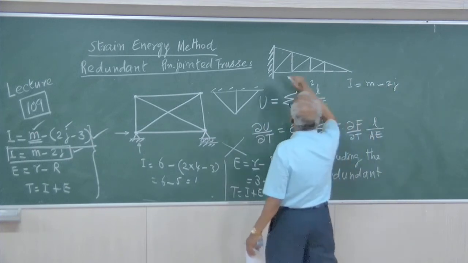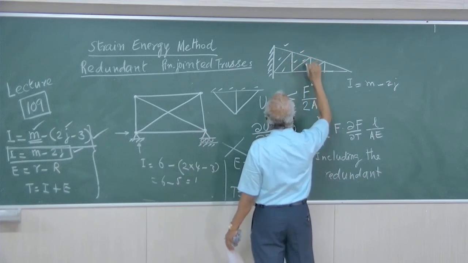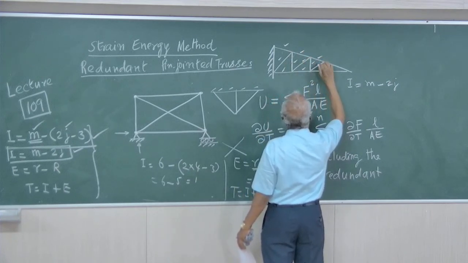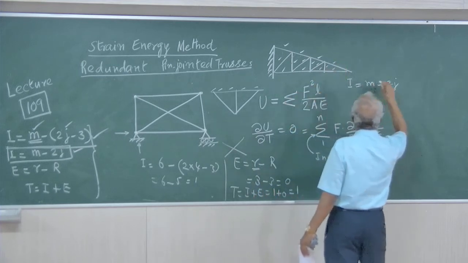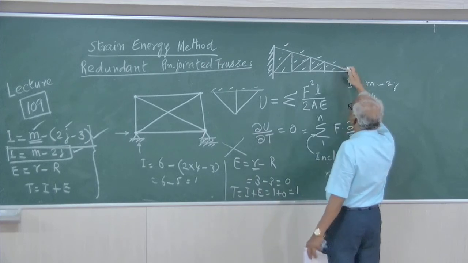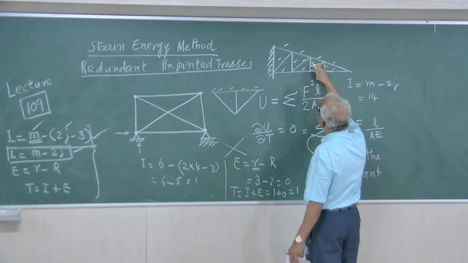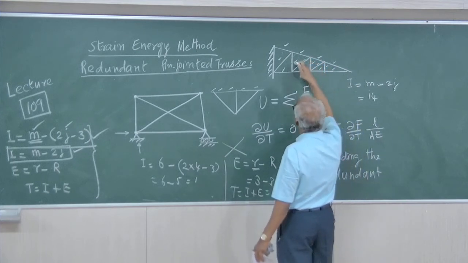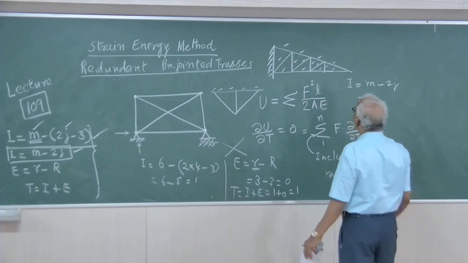M is the number of members: 1, 2, 3, 4, 5, 6, 7, 8, 9, 10, 11, 12, 13, 14. There are 14 members.